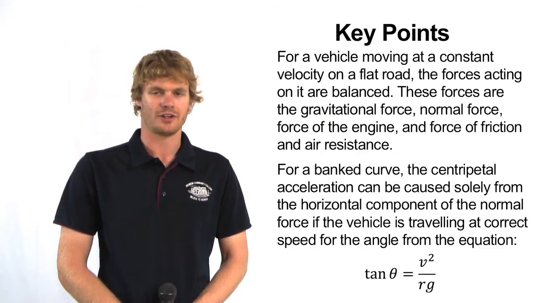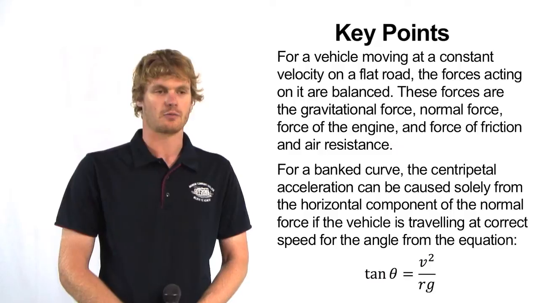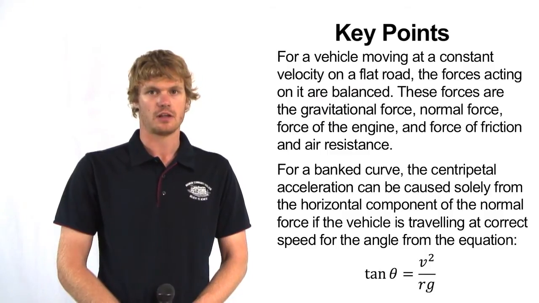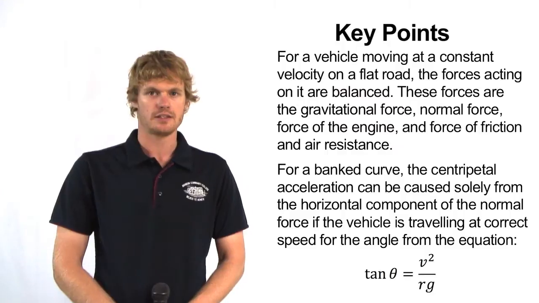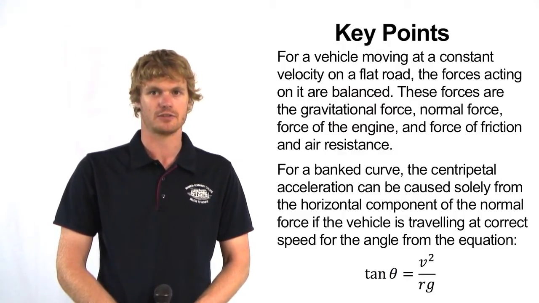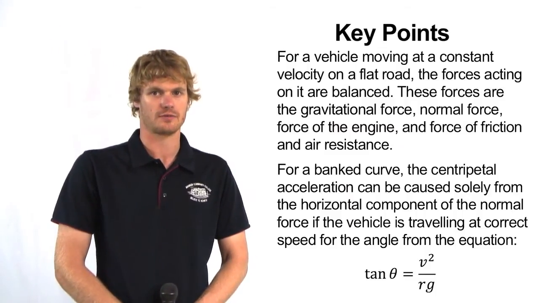Using the horizontal component and the vertical component of this normal force, we can derive the formula tan theta is equal to v squared on rg. You need to make sure you know how to do this, and you need to be able to use the formula tan theta is equal to v squared on rg. You can see that in the LiveScribe PDFs.